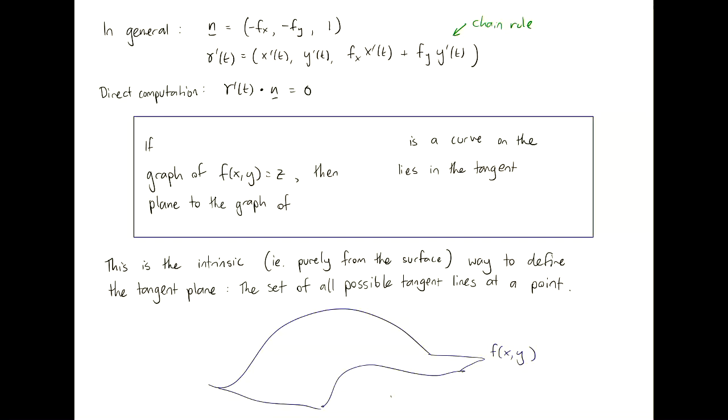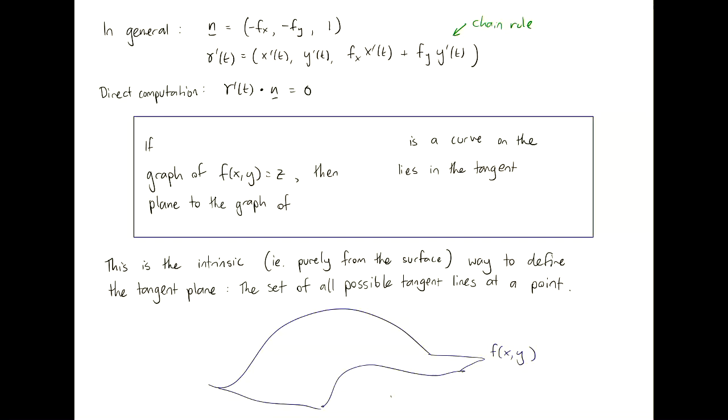Because I've said nothing about gamma in this. I've just said gamma is a curve that passes through the point, which means that for any possible curve that passes through the point, this must be true. And that is actually how we're going to think about constructing tangent planes.